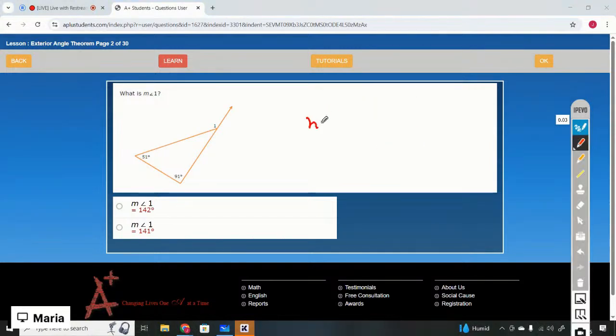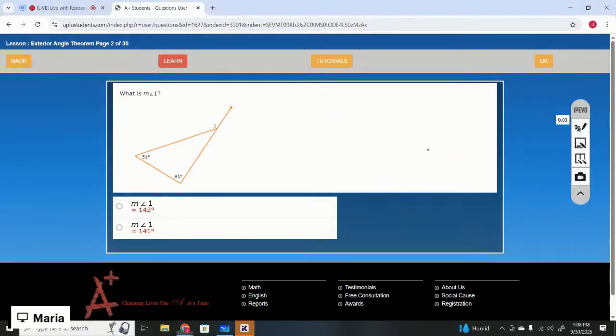So the measurement of angle 1 is the sum of the two interior angles, that is 51 plus 91. So that equals 142 degrees. Option number 1 is the correct option, that is 142 degrees.